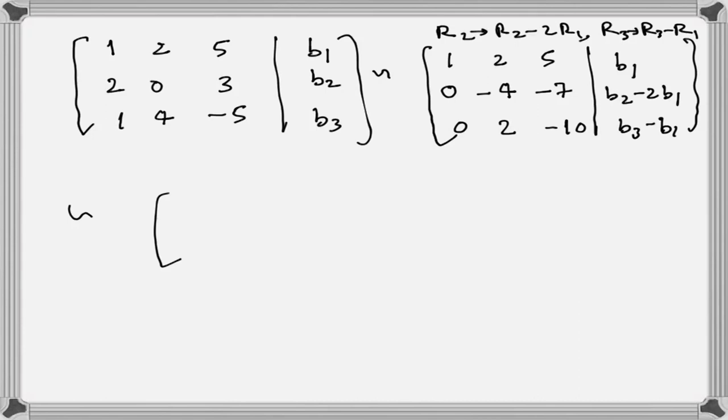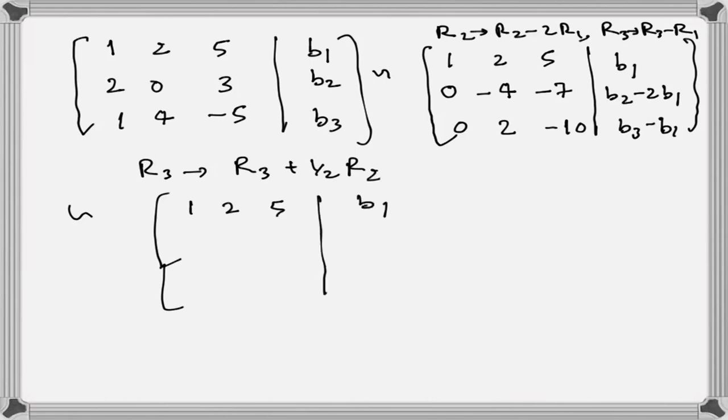Now we will use the operation r3 plus 1 by 2 r1, and then we get 1, 2, 5, b1, 0, minus 4, minus 7, b2 minus 2b1, and 0, this is 0. Then minus 10 minus 7 by 2, so it's minus 27 by 2.